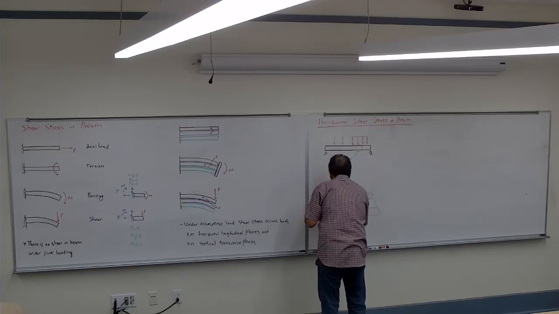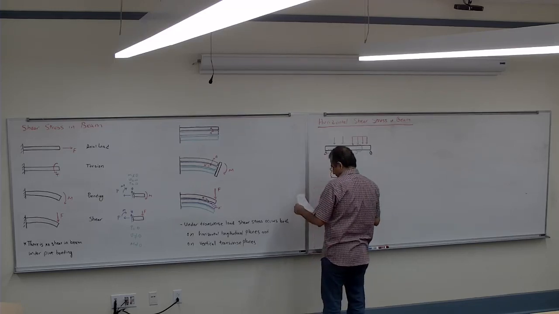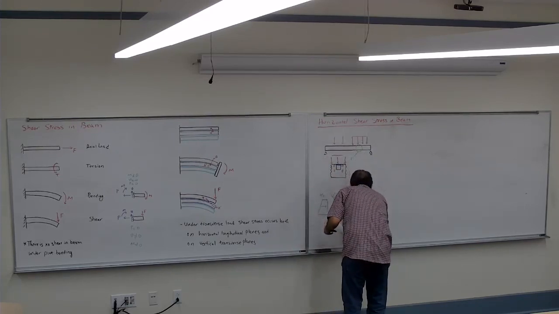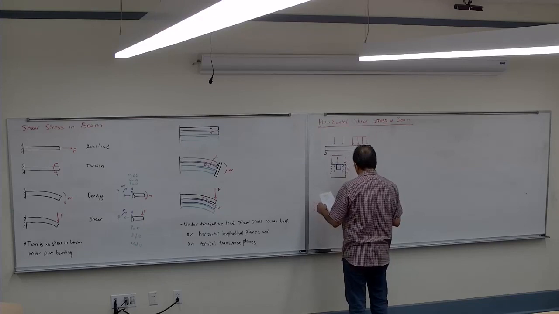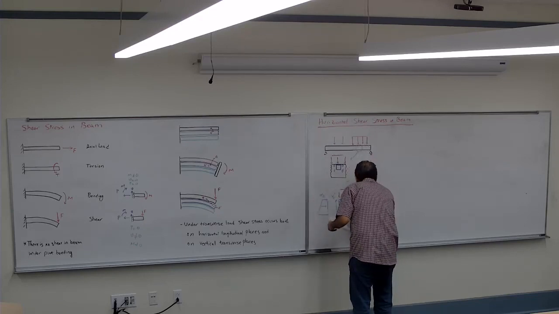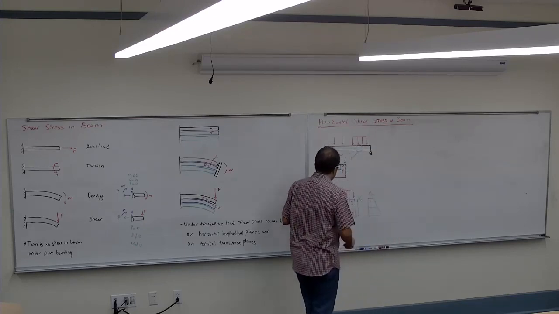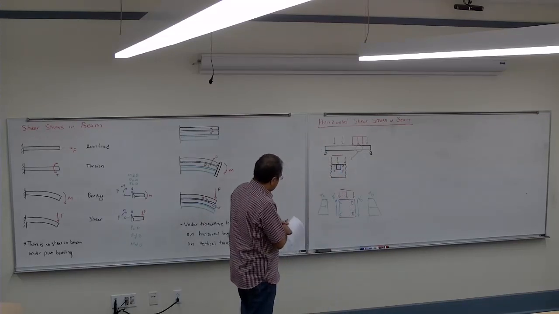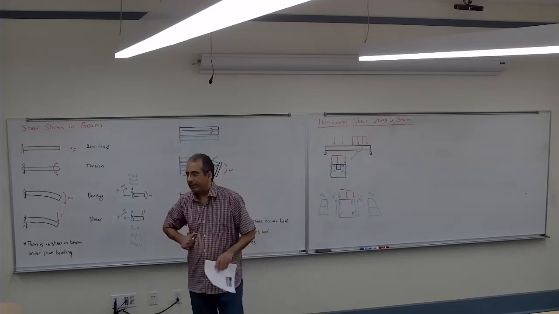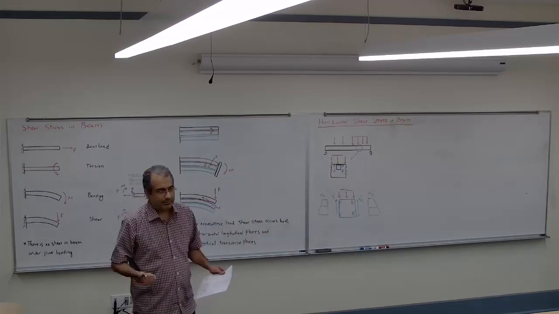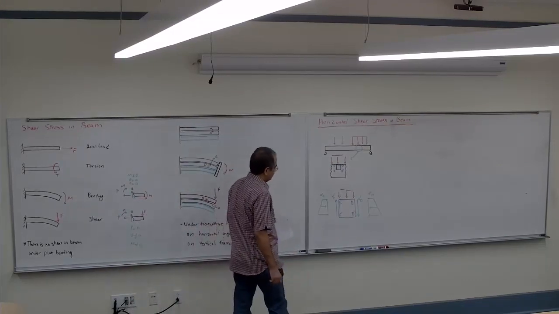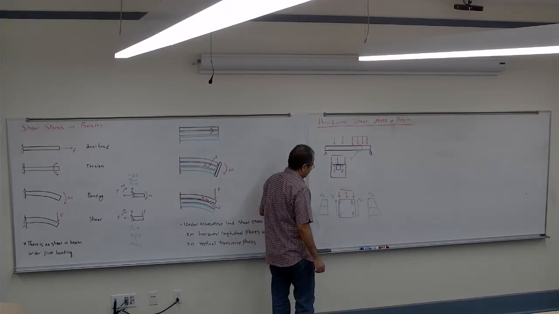That's going to be V prime at C and V prime at D. So if I have that, and I want it to be in equilibrium, what's missing? Force coming up from the bottom.